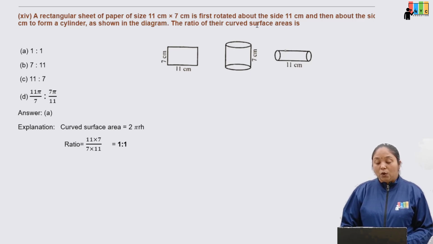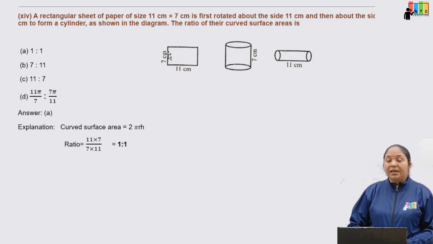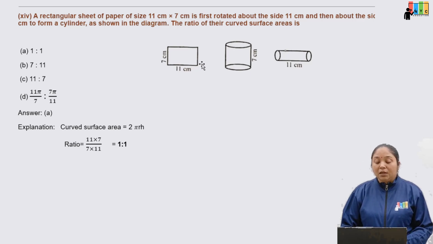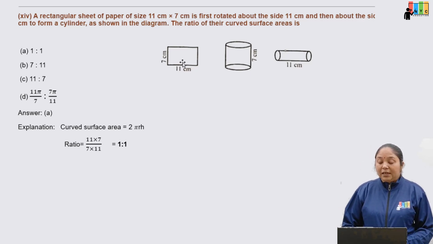The ratio of their curved surface areas is? Now a rectangular sheet is given, that is 11 by 7 centimeter.